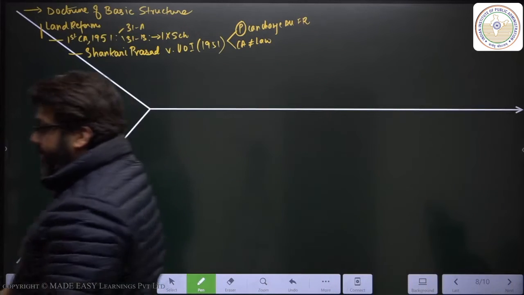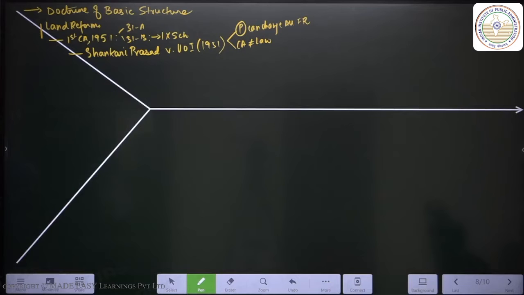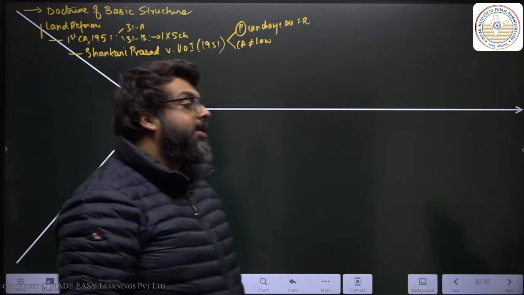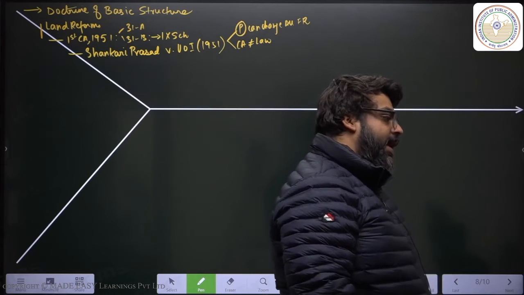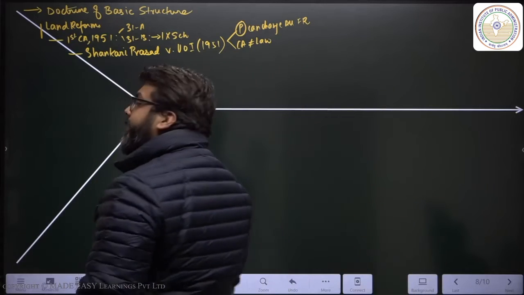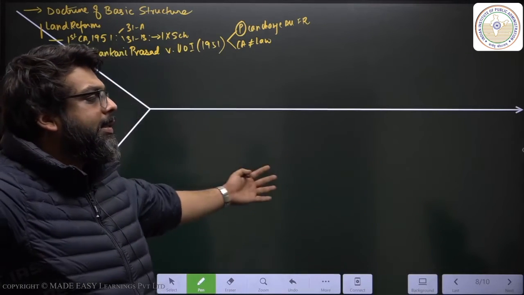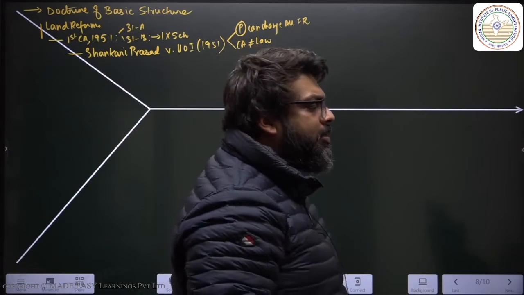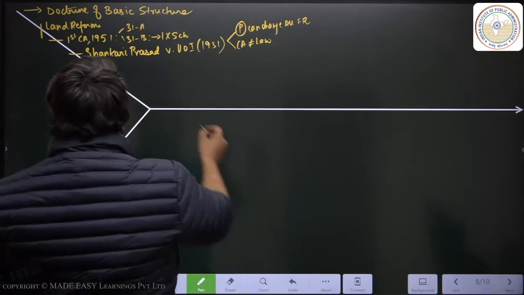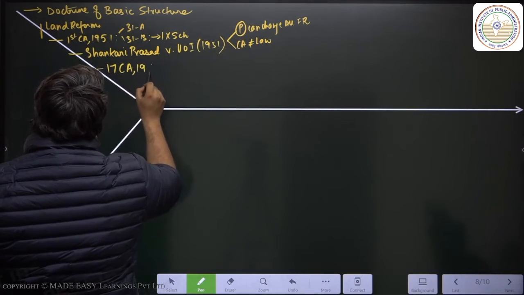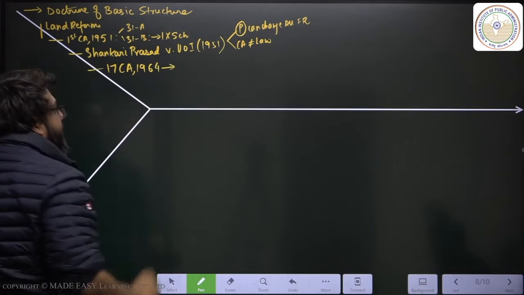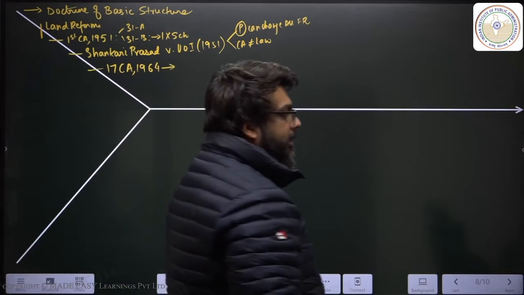Shankari Prasad happened. Now, of course, in the Shankari Prasad case, it is abundantly clear that the government won. And whenever you win, your confidence becomes overconfidence. And the government said, now that the court is on our side and we are almighty as the parliament and we can change anything in the constitution, no matter what it is, let me enact the 17th constitutional amendment of 1964.